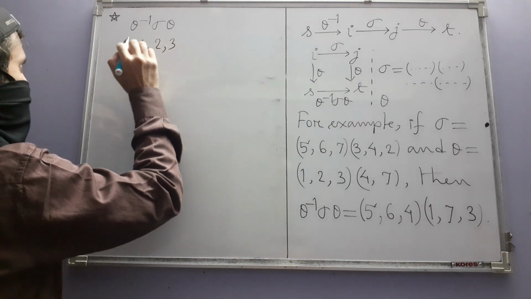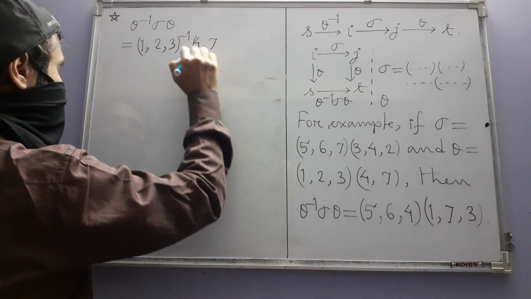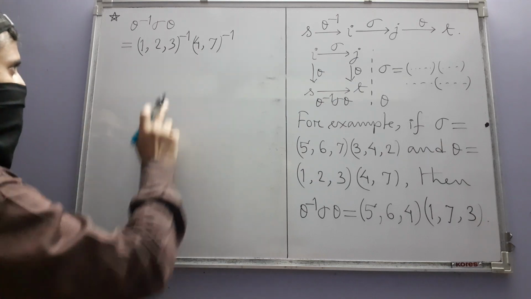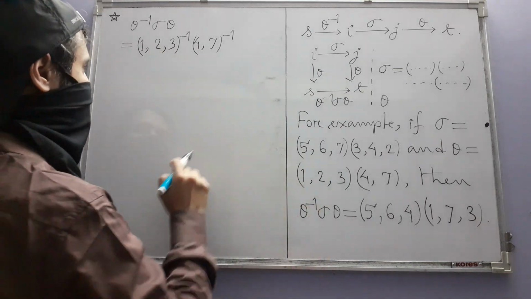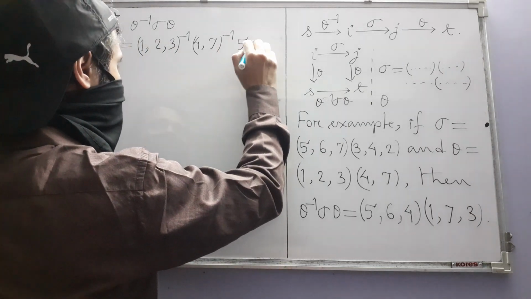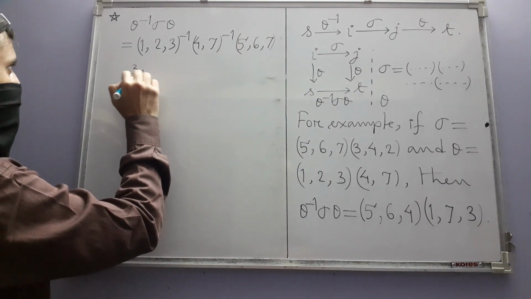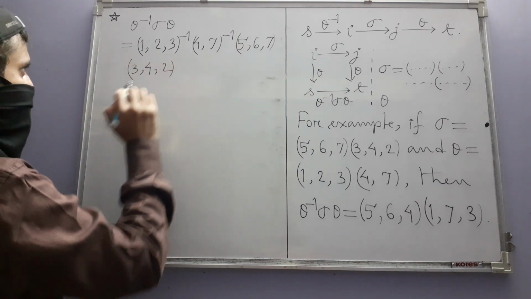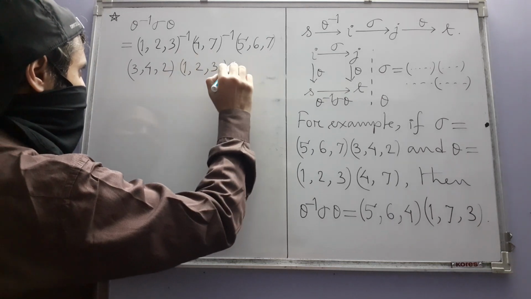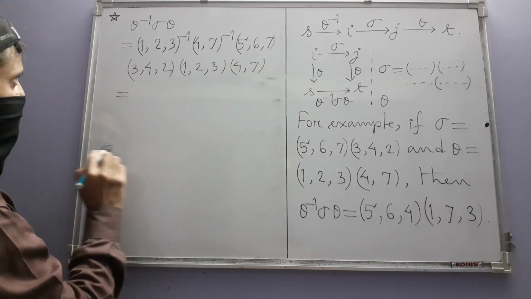That is (1 2 3) inverse times (4 7) inverse. Actually the order will be the other order, but because they commute, we are just simply writing this, and then sigma (5 6 7)(3 4 2), and then again theta (1 2 3)(4 7). So let us first write the inverses.